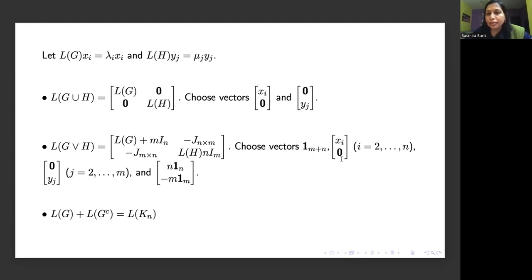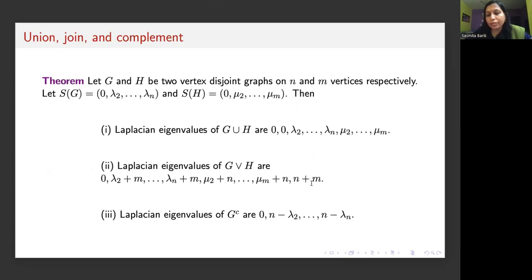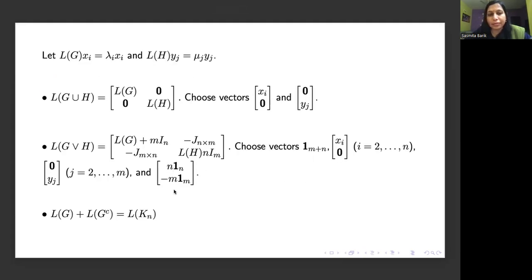You can take vectors of the form xi and 0, or 0 and yj, for i from 2 to n or j from 2 to m, and they will give you the eigenvalues lambda i plus m and mu j plus n. And the last eigenvalue, n plus m, will come from a vector which you can take in this way. So this will produce the spectrum.